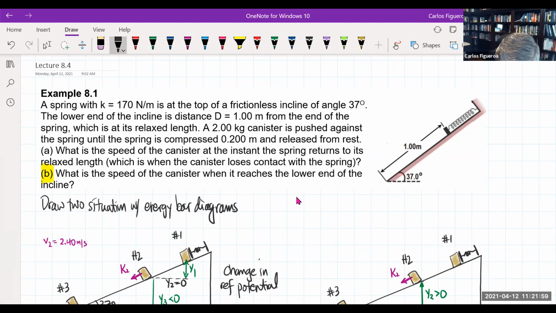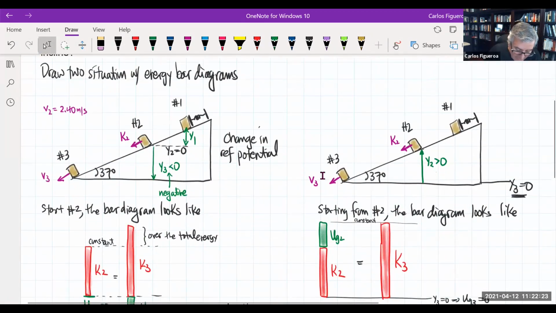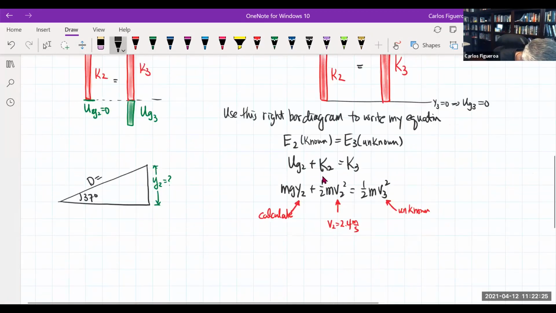In other words, this is d to the equilibrium point. This point was our point number 2, and this is our point number 3. So I know that d is 1 meter. That's what we have to pay attention to. So if d is 1 meter, then I know this distance is 1 meter. So now I have the ability to solve for y2.